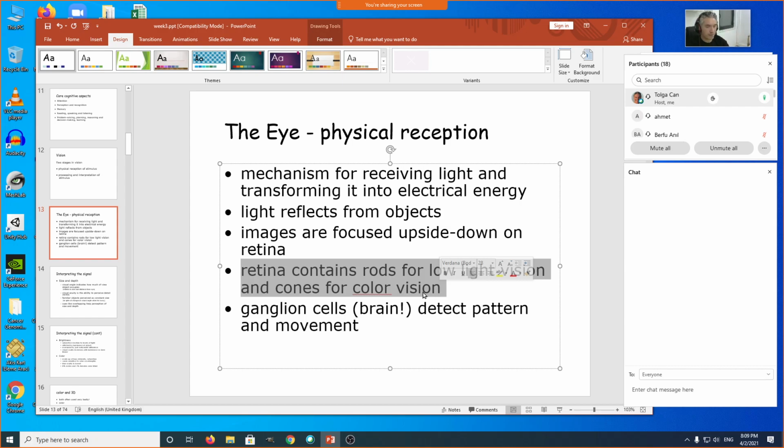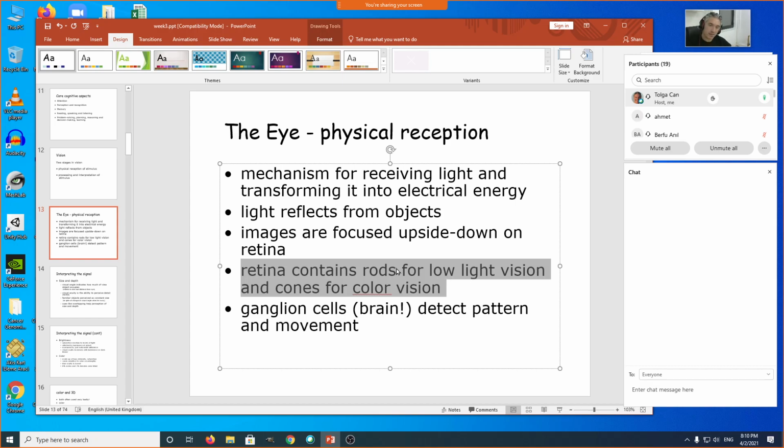This is because there are rods that are denser in our peripheral vision, and they can sense low light better than the cones. But this experiment has a threshold: if you make the room too dark, you cannot even see with rods.